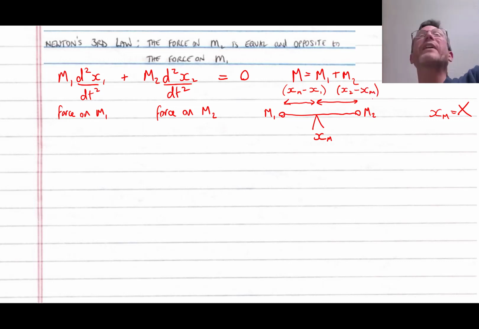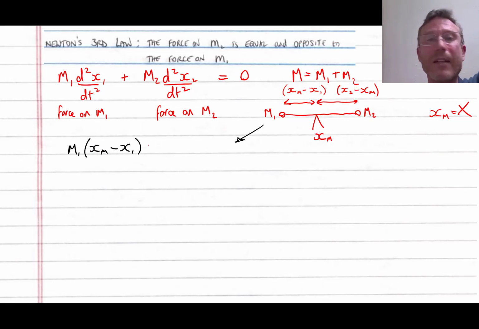So we can also recognize that because this is balanced, we've got m1 multiplied by x sub m minus x sub 1 is equal to m sub 2 multiplied by x sub 2 minus x sub m.